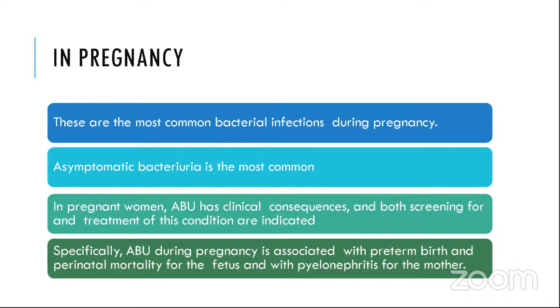Though it causes no symptoms, it requires treatment because it may progress to a clinical condition. Specifically, bacteriuria during pregnancy is associated with preterm birth, perinatal mortality of the fetus, and pyelonephritis.